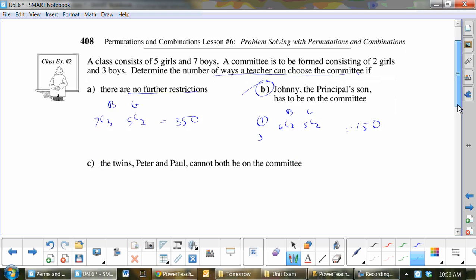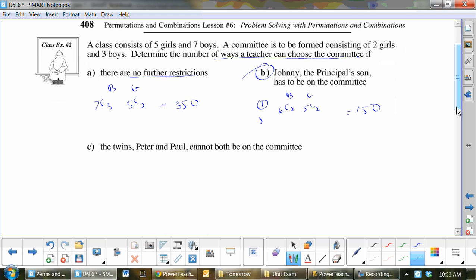Okay, the twins, Peter and Paul, cannot be on the committee. Now, can someone explain to me what that means? And I remember, in a grade 1 way, not in a grade 12 way. In a grade 1 way, what does that mean? Okay, one, the other, and none would still confuse.